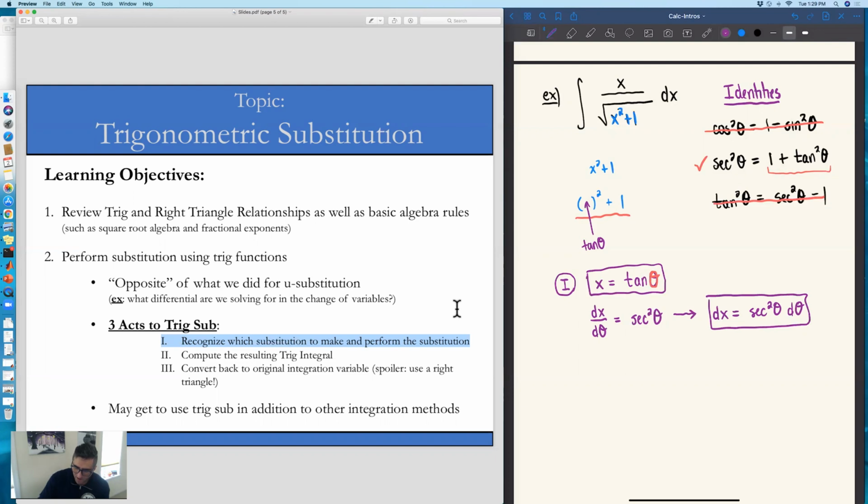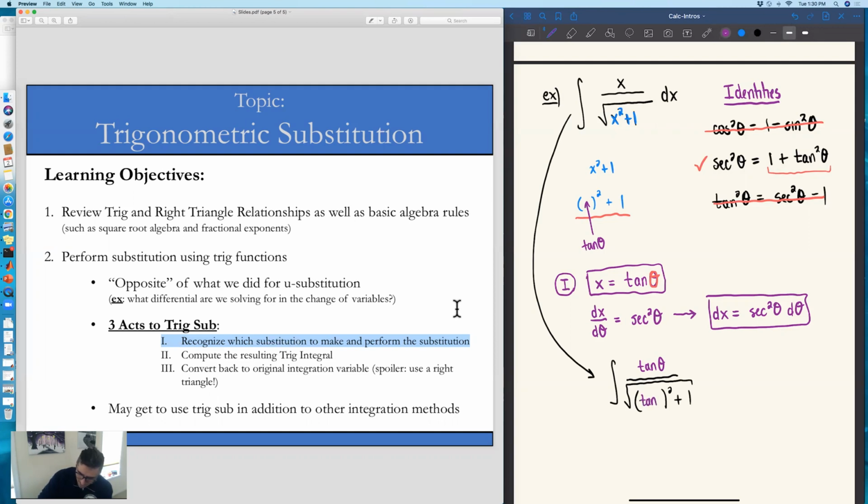And I just want to point out that when we did u substitution, we had to divide by stuff to get dx in terms of du. Here, we're just cross multiplying that d theta over onto the other side. So let's go ahead and substitute those into the original integral. Substituting in what we have now for x, we have that tangent in place of x, which means in that square root in the denominator, we have a tangent squared inside plus 1.